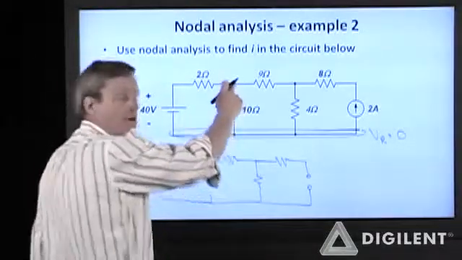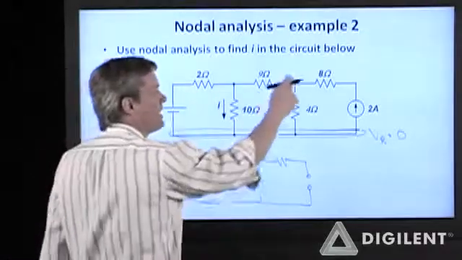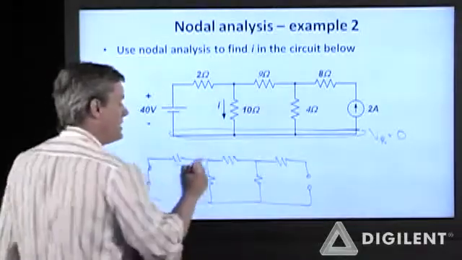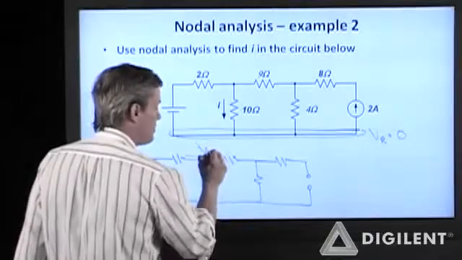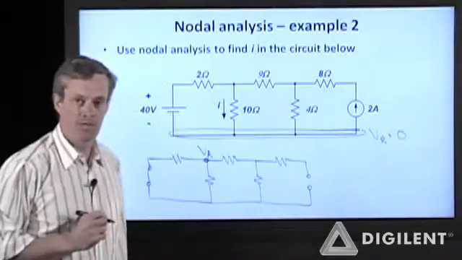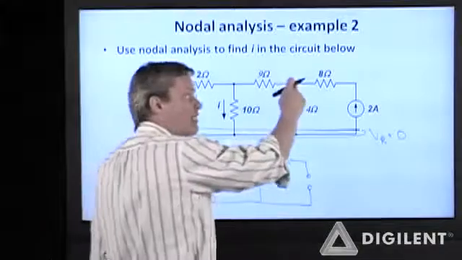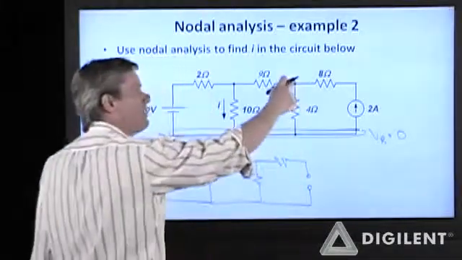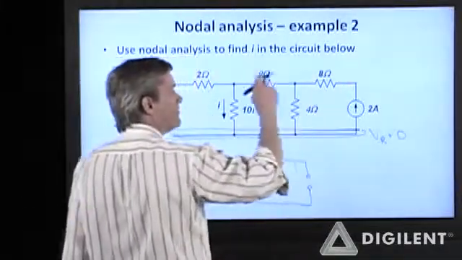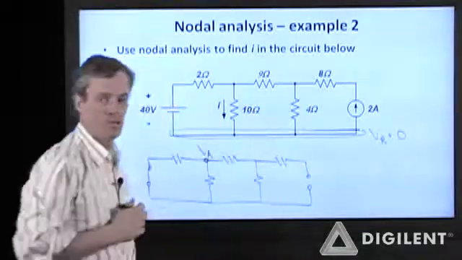This node here, its voltage can be different than any of these other nodes around it. Let's call this node A and label that voltage as V sub A. This node here can also have a voltage different from this voltage and this voltage.